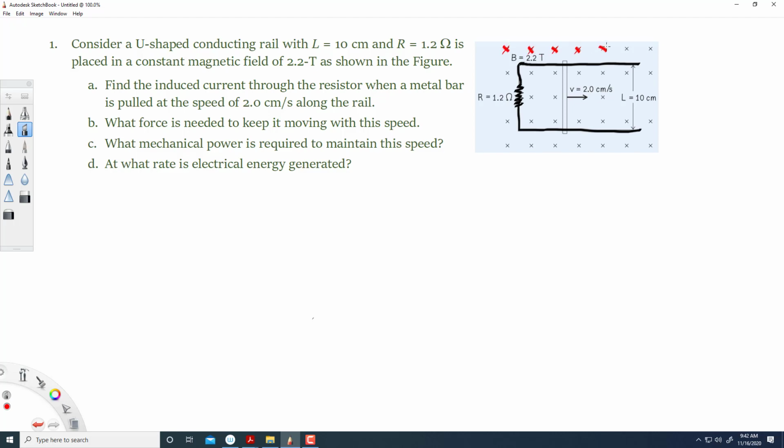There is a conducting rod, and its length is about 10 centimeters. It's a little bit more than 10 centimeters, but we consider it to be 10 centimeters. It is pulled to the right at 2.0 centimeters per second.